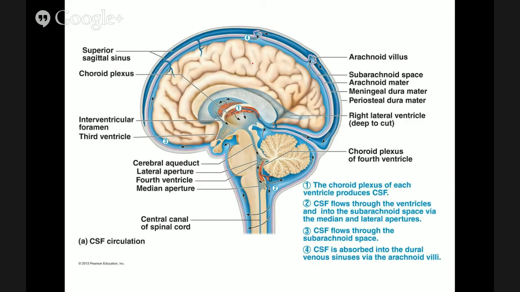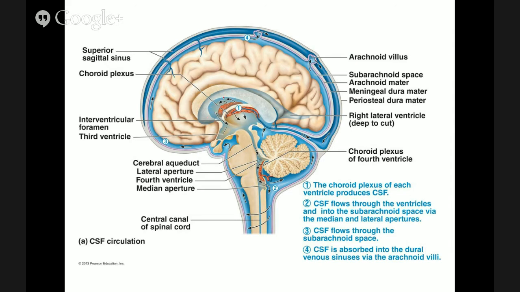So here's a really nice diagram from your textbook, and it's showing us, number one, where the choroid plexus structures are inside the brain. So right here, this red thing you can see right here, these are the capillary beds, the choroid plexuses that are filtering the blood and making the cerebrospinal fluid, the CSF.